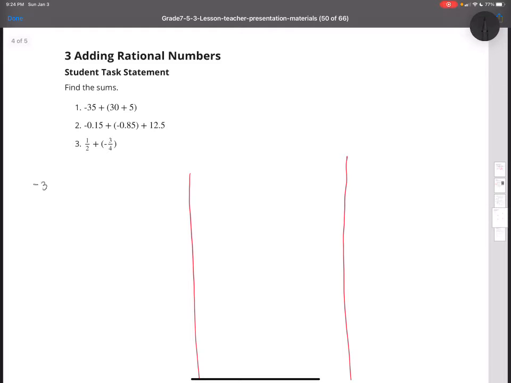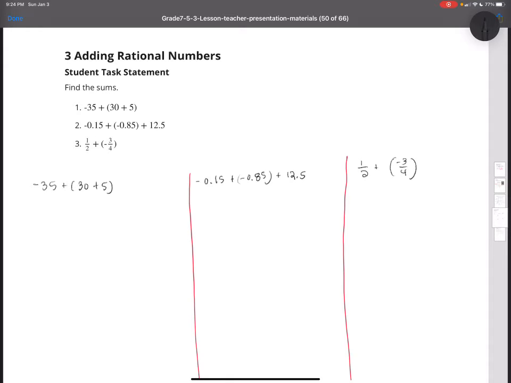So this one will be negative 35 plus open parentheses 30 plus 5, and the next one would be negative 1500 plus negative 8500 plus 12 and a half, and then the last one would be 1/2 plus negative 3/4. Okay, so let's get started with the first one.